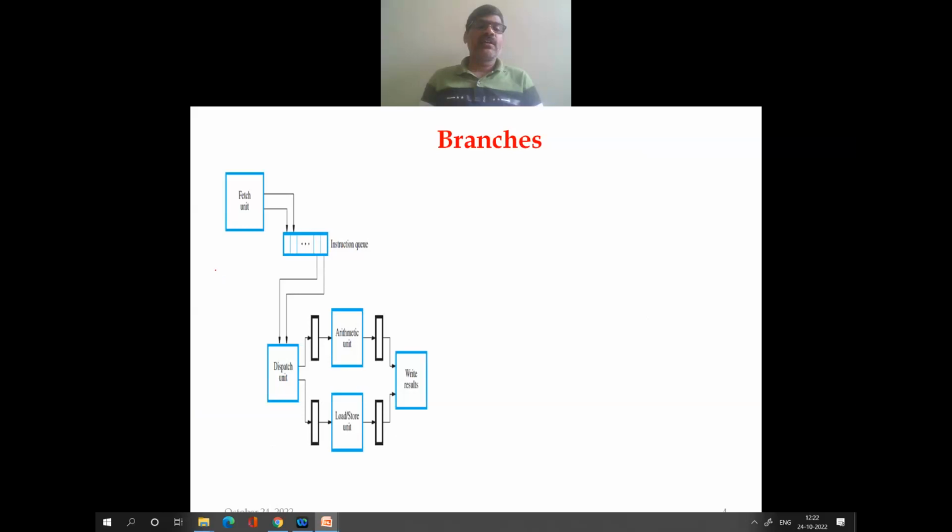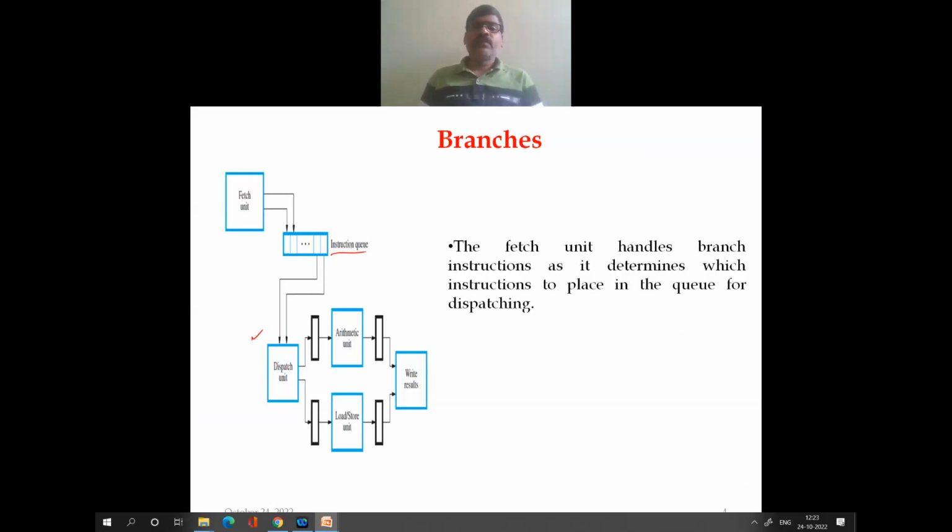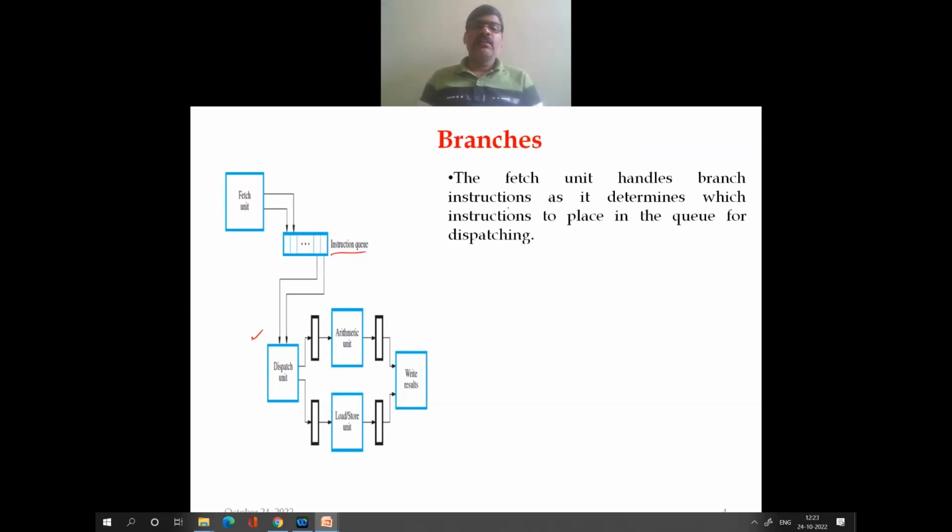This we already discussed in superscalar operations. We have a fetch unit which fetches two instructions in one clock cycle and stores them in the instruction queue. The dispatch unit reads the two instructions for decoding from the instruction queue. The fetch unit is used for handling branch instructions, as it determines which instruction to place in the queue for dispatching.